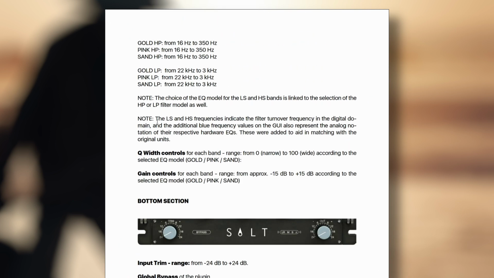So here it says that the low shelf and high shelf frequencies indicate the filter turnover frequency in the digital domain, and the additional blue frequency values on the GUI also represent the analog notation of their respective hardware EQs. These were added to aid in matching with the original units.